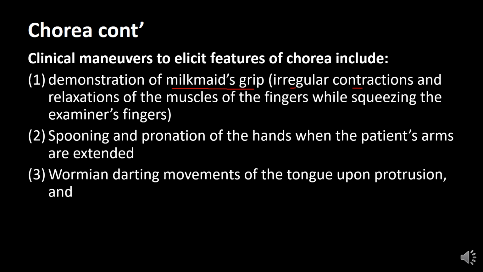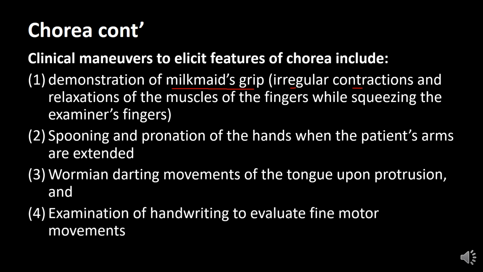And that is something you need to see to know. And then examination of handwriting to evaluate fine motor movements. That again will be difficult because of the uncoordinated muscle contractions. These are some of the things you can examine for in order to establish the presence of chorea.